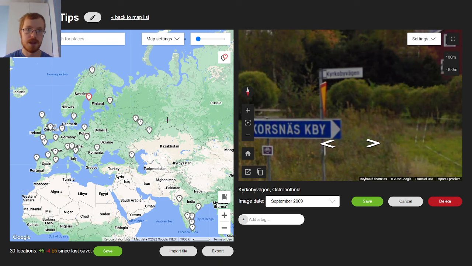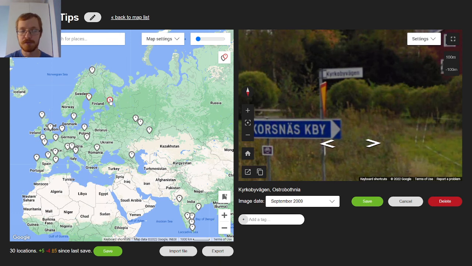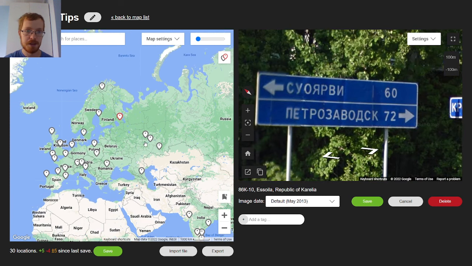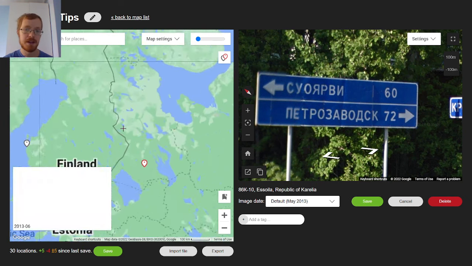So moving on to Russia. In Russia, you also have a lot of regional languages, and the first tip is for this Karelia area, east of Finland. Karelian languages sound very, very similar to Finnish.